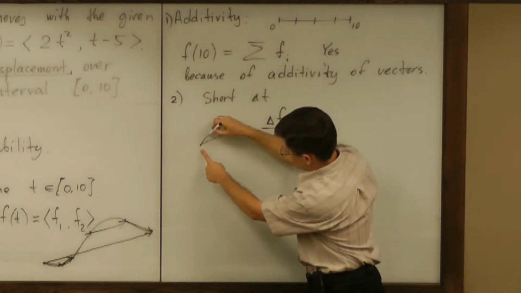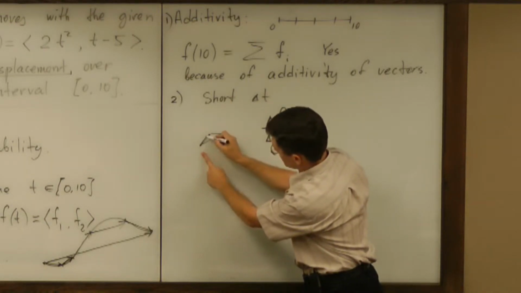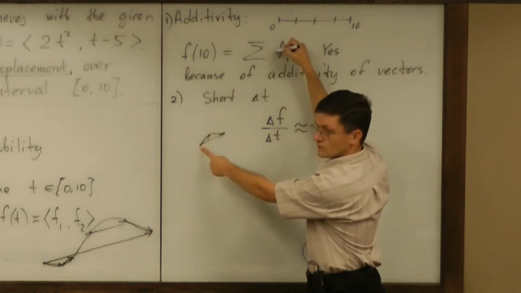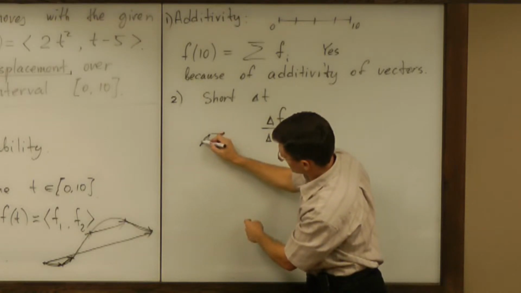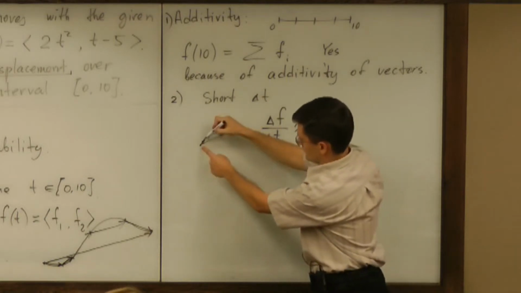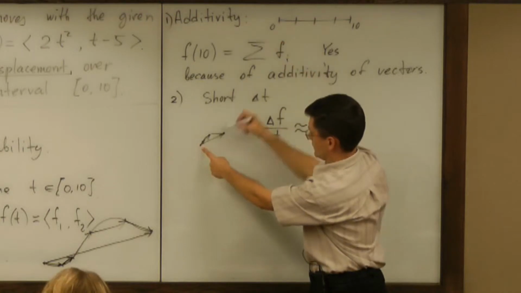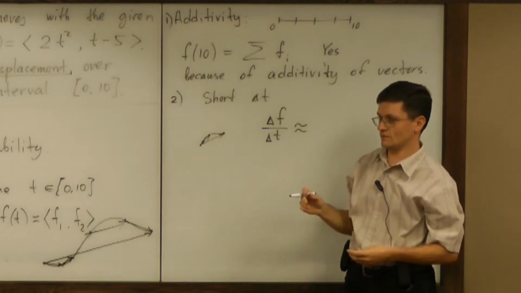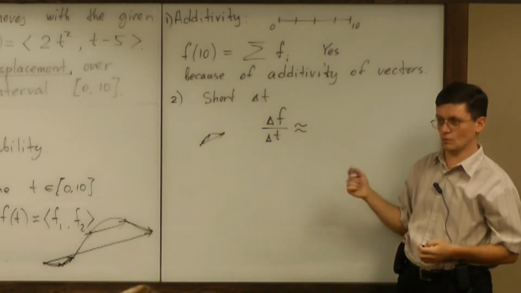Then I take a shorter interval of time, take that shorter vector, but divide by a smaller number, so it becomes longer. So I have a vector here, a vector there. Should I expect this process to approach something, one vector?